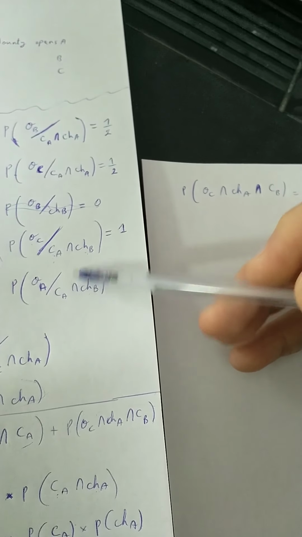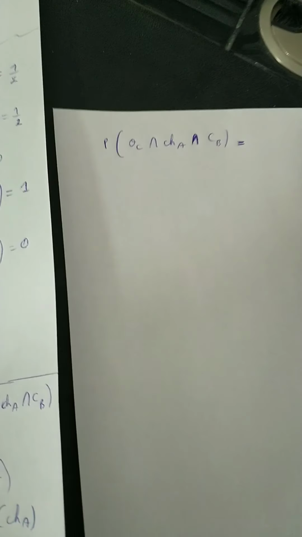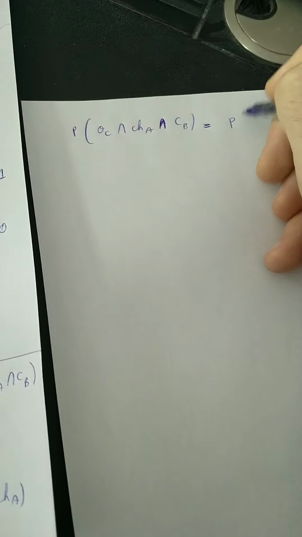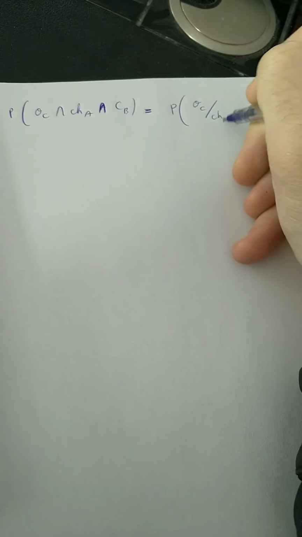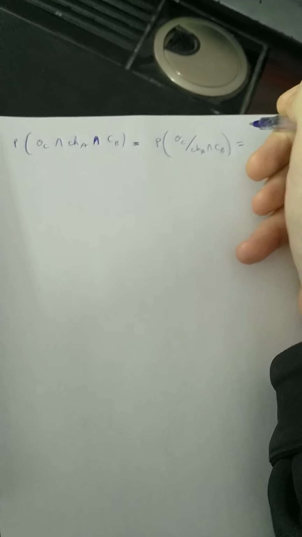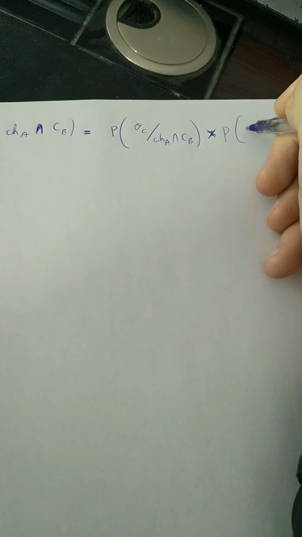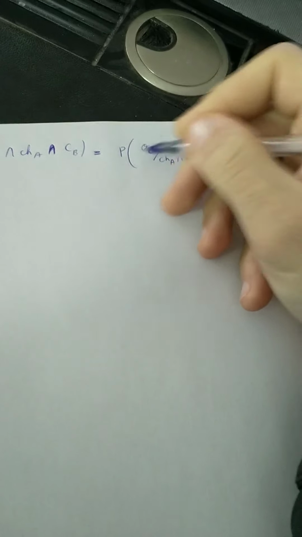It's not mentioned here, but it's not that difficult. We're going to do it. What we know of the problem is this: OC such that you've chosen A and the car was at B. I'm sorry, times the probability of this thing. This is what we do when this event and this event are not independent.